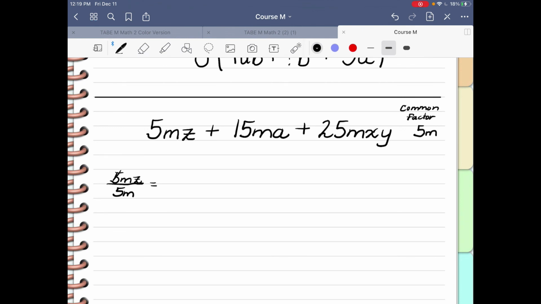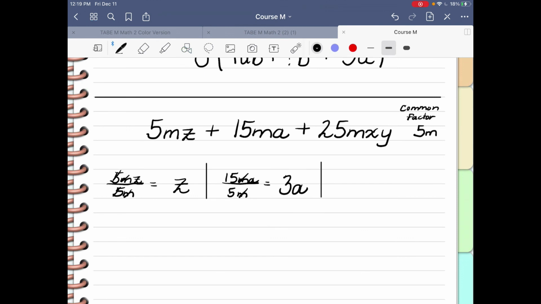That leaves me with just a z. Then 15ma divided by 5m. The m's cancel. So 5 into 15 is 3, and an a.